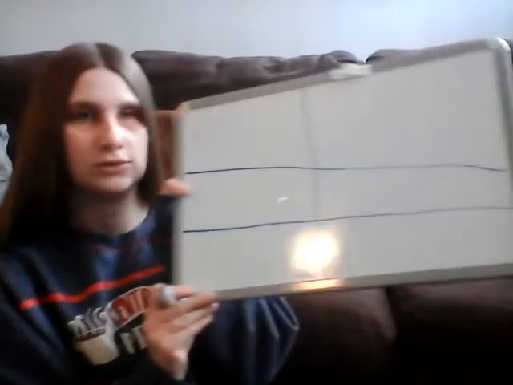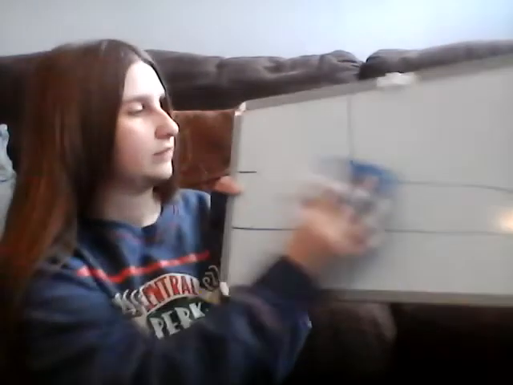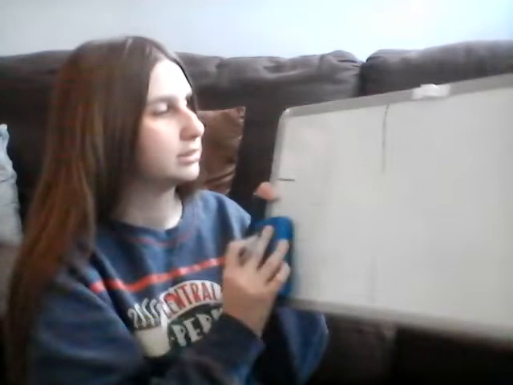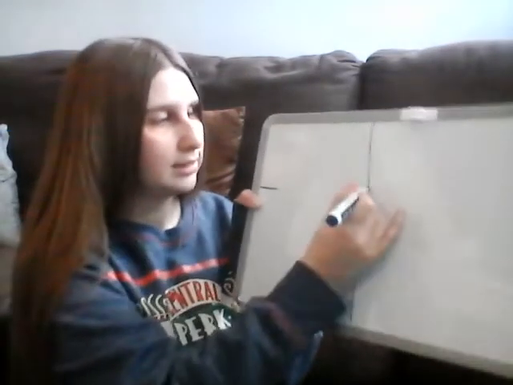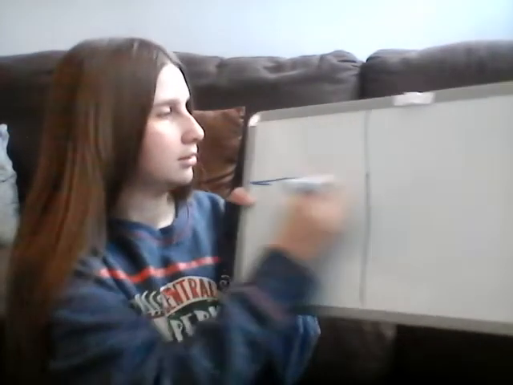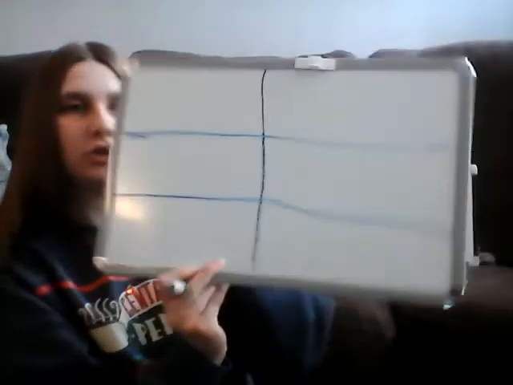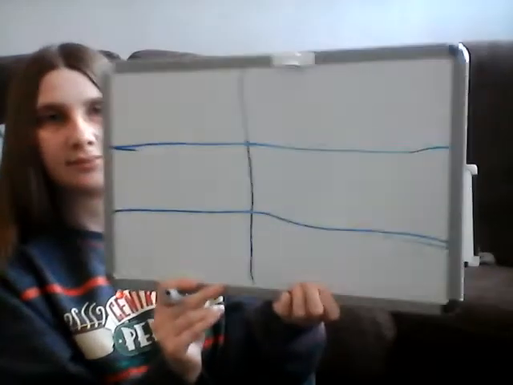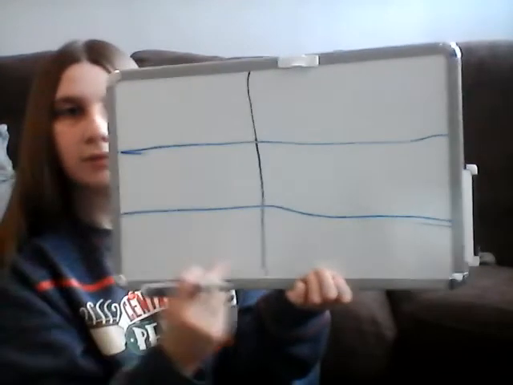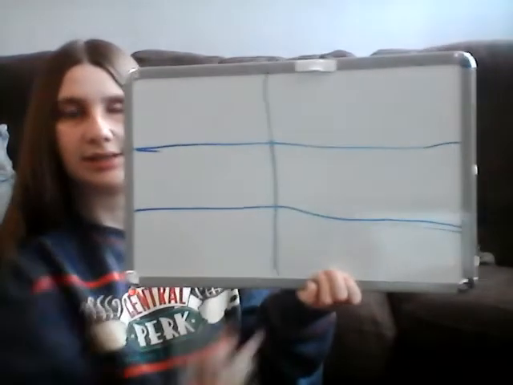Hopefully yours looks a bit better than mine because mine is very wonky. Let's try that again. So line down the middle and then 1 line across there and 1 line across there. Okay, so you should have 6 squares. 1, 2, 3, 4, 5, 6. 6 squares.